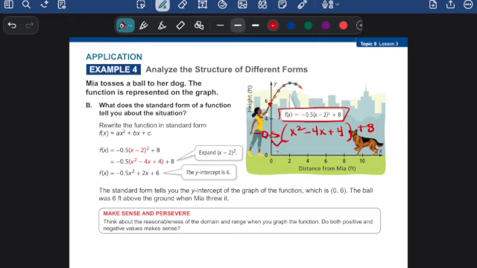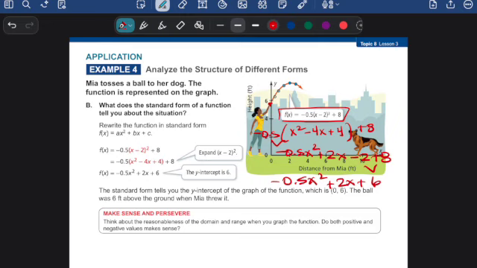We'll have negative 0.5x squared. Negative half of negative 4x is positive 2x. Negative half of positive 4 is negative 2 plus 8, and then we just need to combine our constants. So we'll have negative 0.5x squared plus 2x plus 6. There's our standard form.